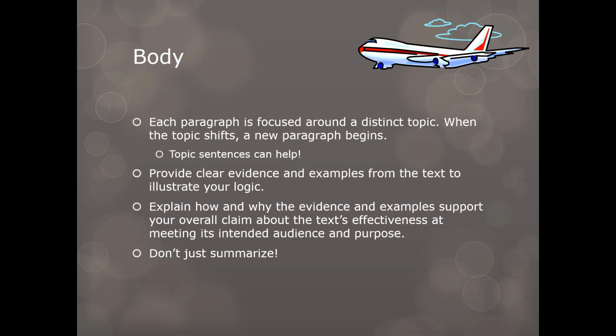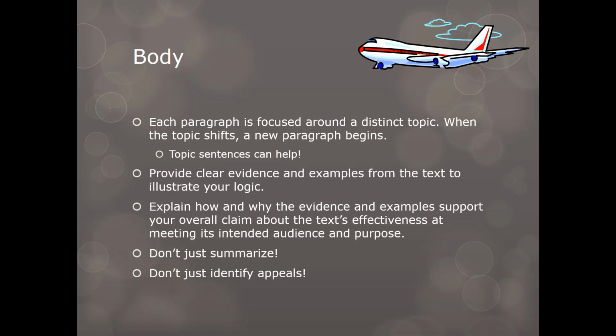So we're not summarizing. We're also not just identifying appeals. We don't just want to say, look, I found pathos. Those are just identifications. Those identifications are supporting your argument, but they are not enough on their own. So if you say, look, this is pathos, then you have to tell us why and how that pathos affects the text's overall effectiveness at reaching its audience.